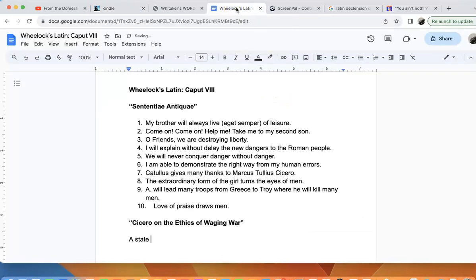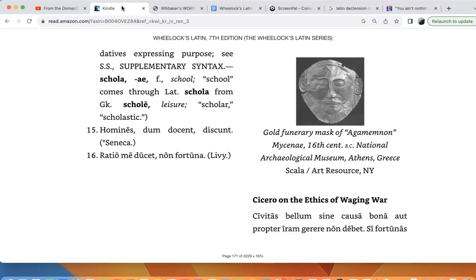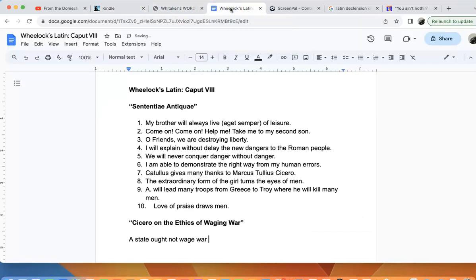So a state ought not or should not wage war, let's see, for, I guess, without good cause. So I'm going to try to follow the grammar a little bit more closely. A state ought not to wage war without good cause or on account of anger.